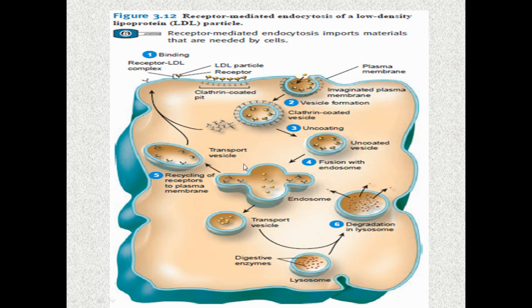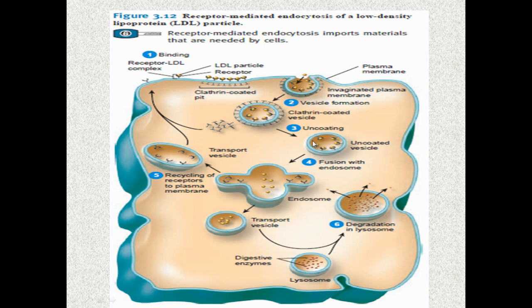Now the vesicle fuses with the endosome. So there is an endosome here. Now the vesicle will fuse with the endosome. You can see the LDL is transported. Here the receptor and the ligand will detach.